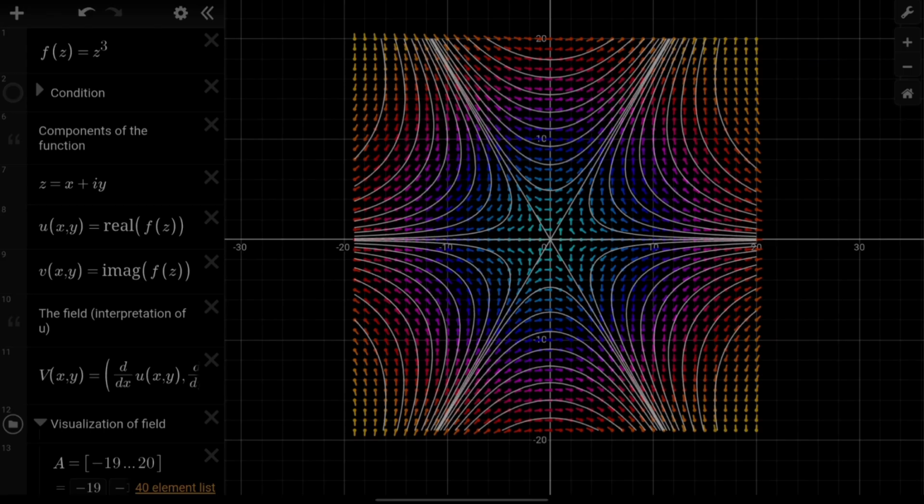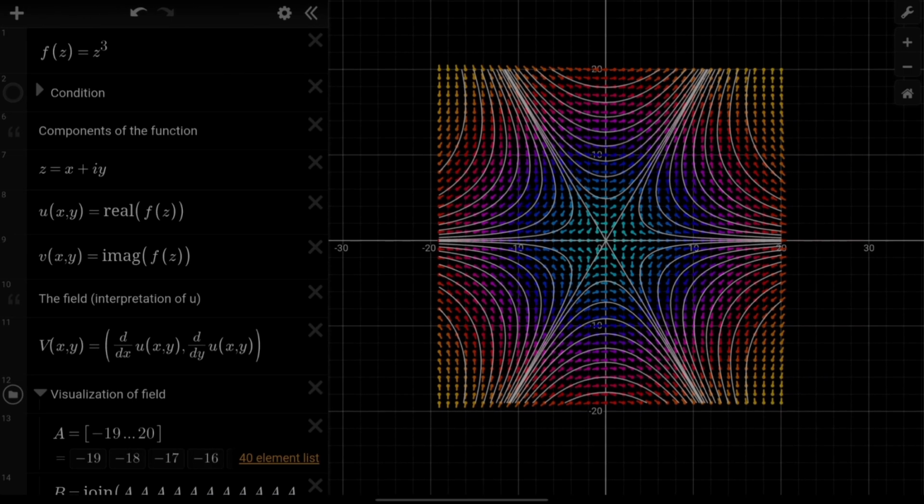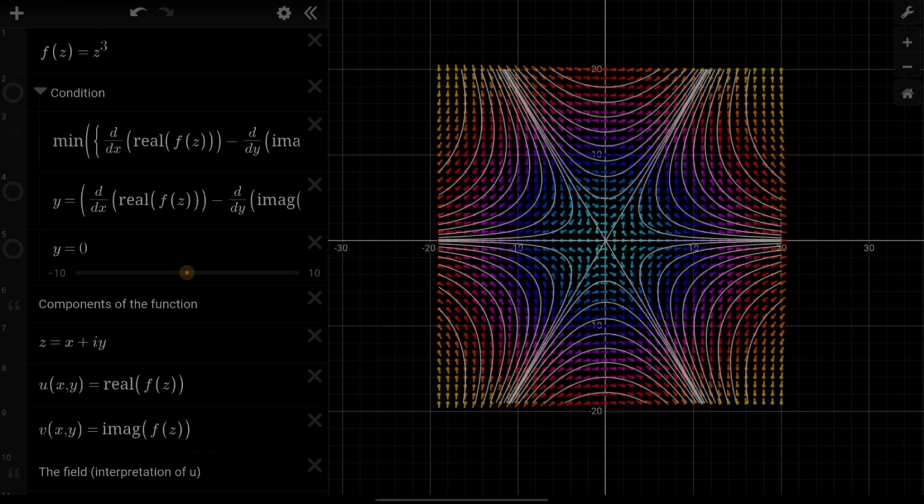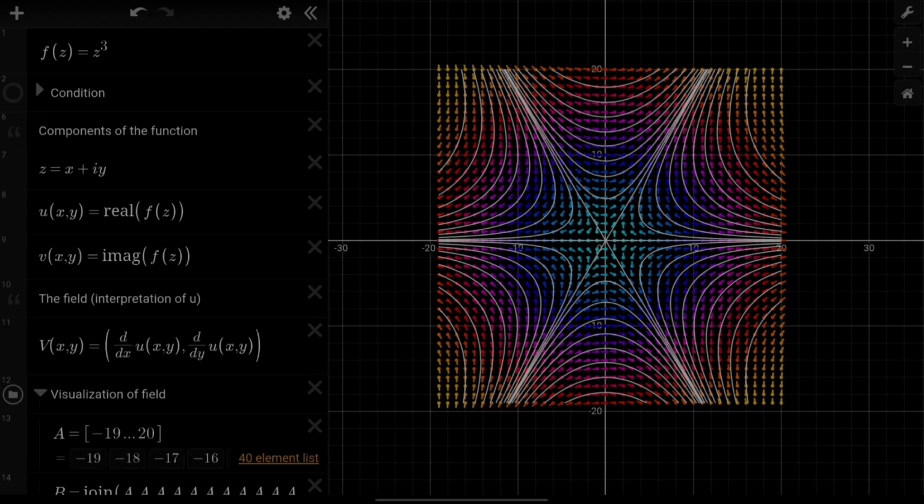Okay, and this is the final visualization for today. We will visualize the vector field that our complex valued function generates. Here I have a condition for the analyticity of our function. So we will see if it is analytic.